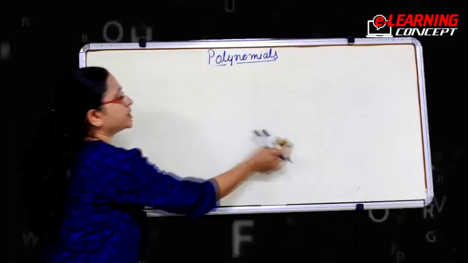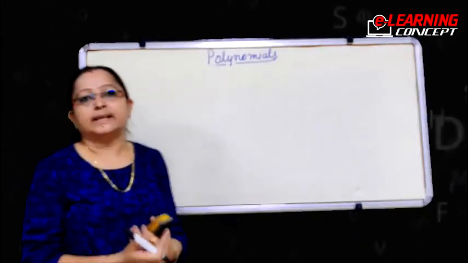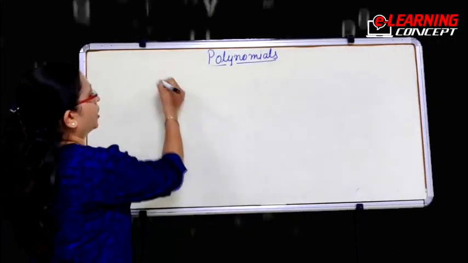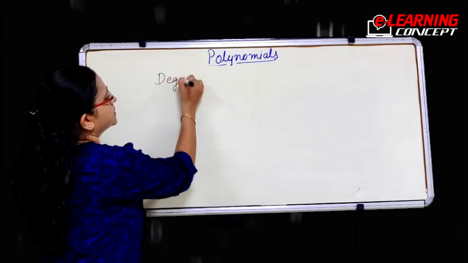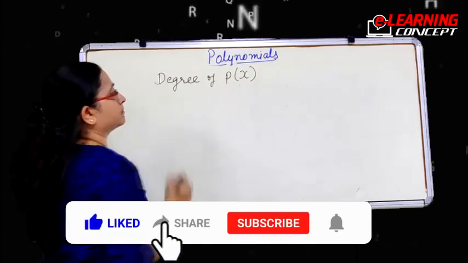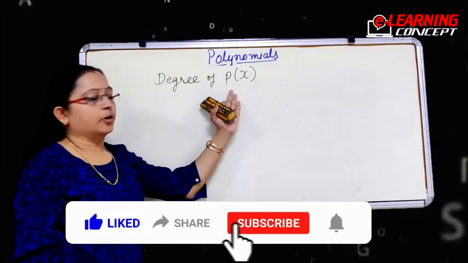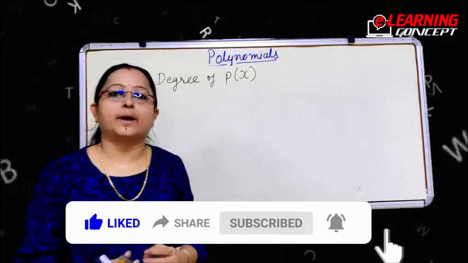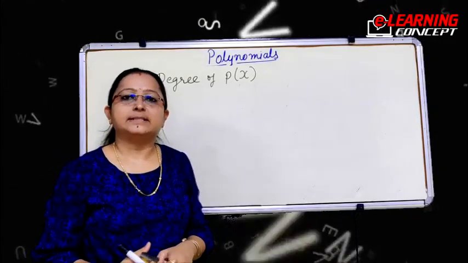Now classification of polynomials regarding degree. So what is degree? What is degree of polynomial? That we will see first. Degree of the polynomial, that means in any of the polynomial the highest power of variable is degree.